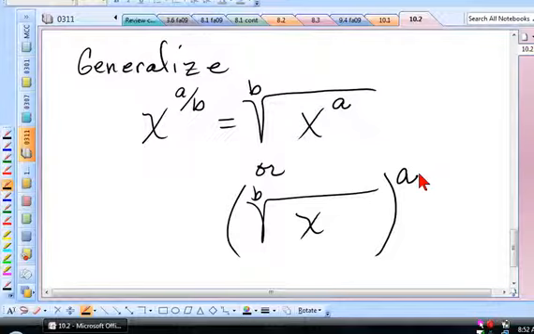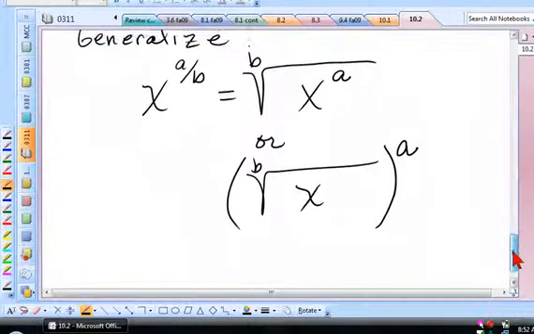Now something's going to get raised to the a power. What this says is, it's your choice. There are two pieces to this fraction, and you can use them in whatever order you want. You can raise the base to the power and then take the root, or you can take the root and then raise it to the power.